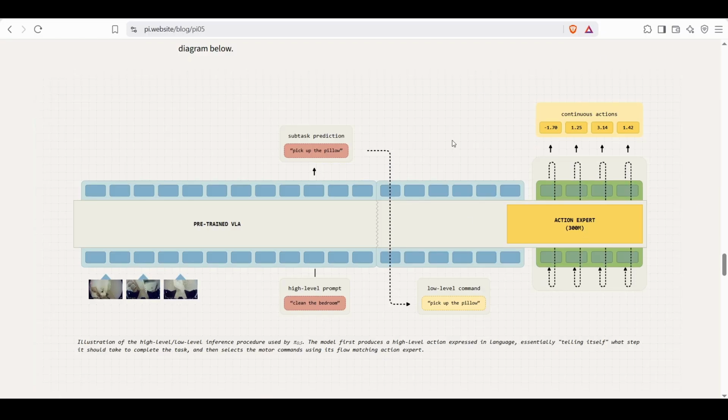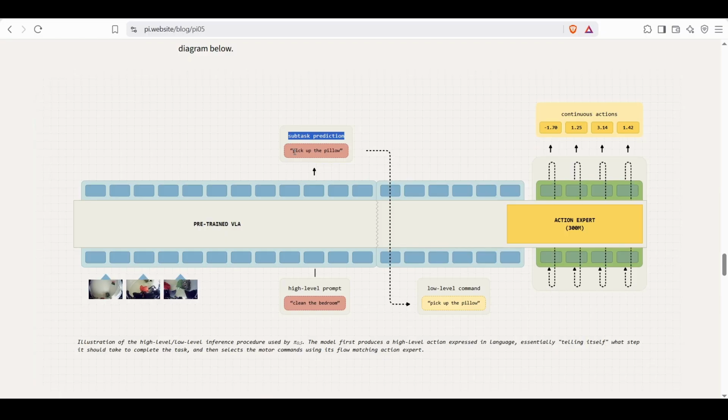How Physical Intelligence does it is they have the AI, what they call the backbone here, and with the images and the prompt, they have it spit out a subtask. And that subtask is kind of like breaking things down step by step. So if you clean a bedroom, you don't think, oh, I just clean a bedroom.